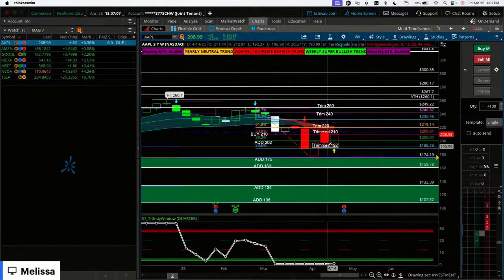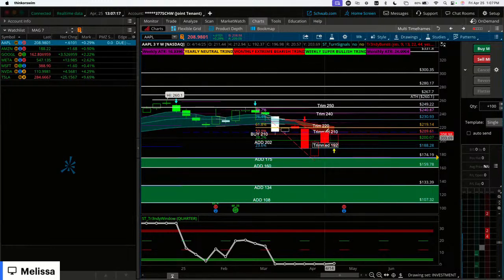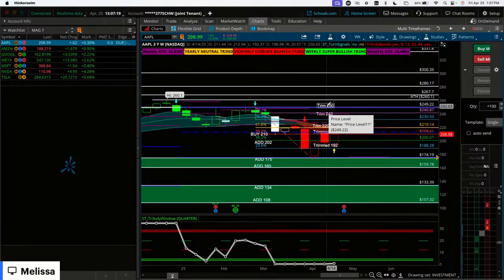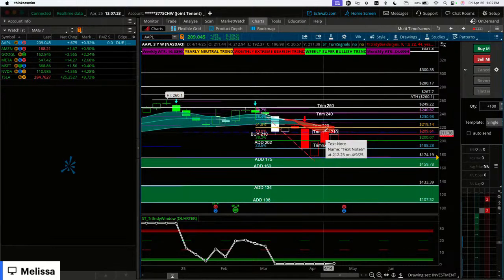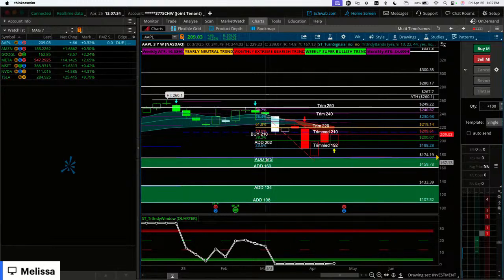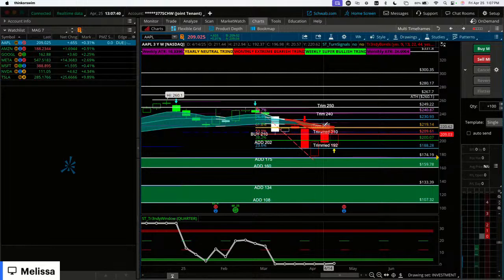So I trimmed some, and what I do is I trim depending on how many trim levels I have. In this case, it's 1, 2, 3, 4, and 5 up to the upper yearly edge. I trimmed 20% of my shares at this level. Then 20% I trimmed at $210. Mind you, shares that I had bought at 175.